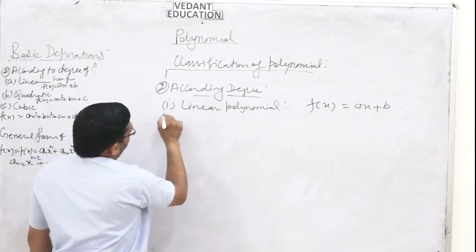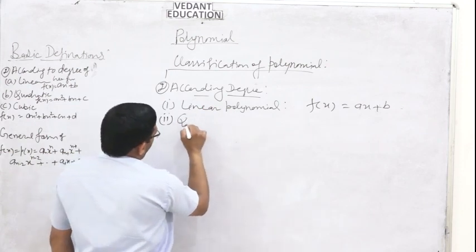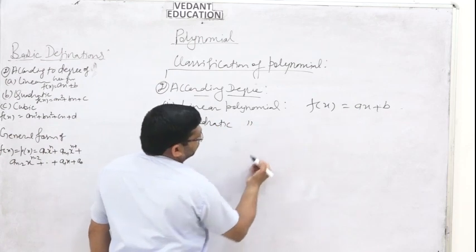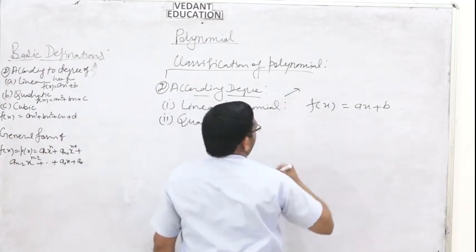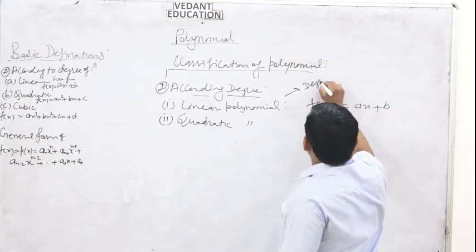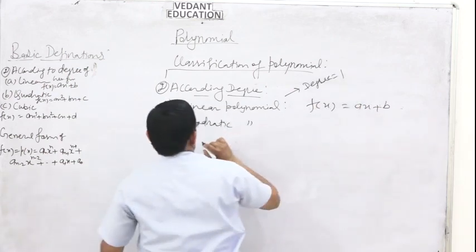Now the second type of polynomial according to their degree, quadratic polynomial. Just now I told you linear polynomial, the polynomial which has degree 1.